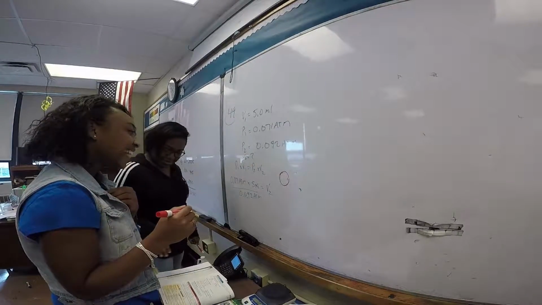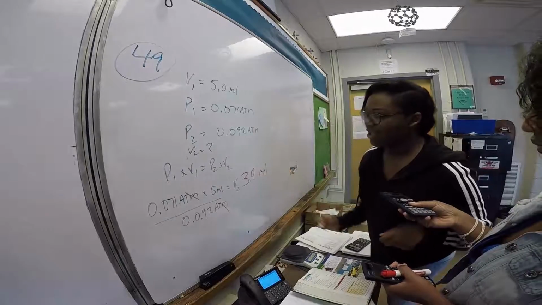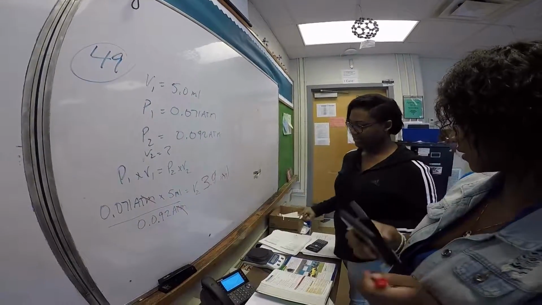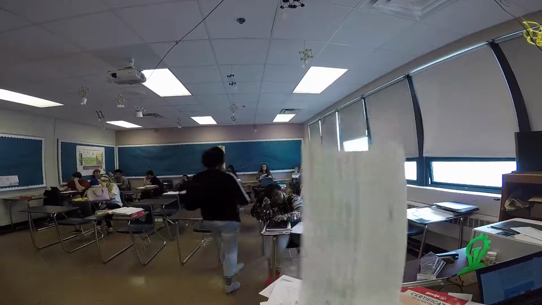You're close. Try the calculator again. So the answer is, what's the answer? You said 3.9. What's the answer on the test though? Yeah, the answer is D. 49 is D. Very good.